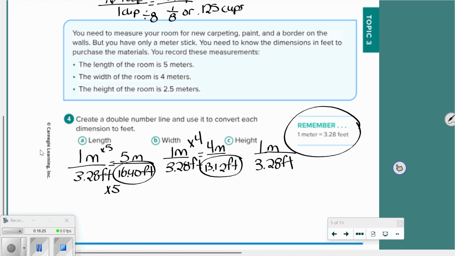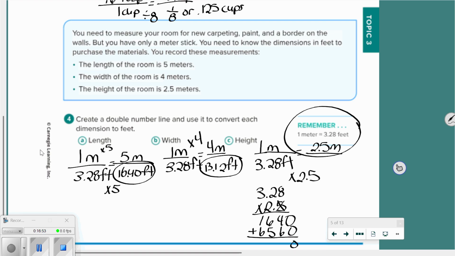And we're going to 2.5. So we're multiplying by 2.5. That one I can't do in my head. I actually have to work it out. I already know that 5 times 3 and 28 hundredths is 16.40 because that was letter A's answer. Yes? So I can cross that out, put my placeholder, and do times 2.